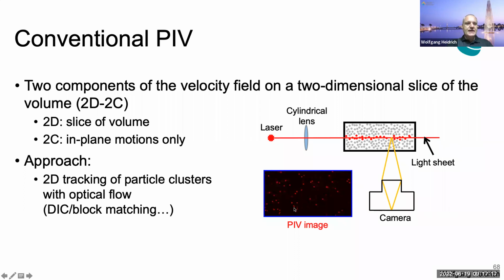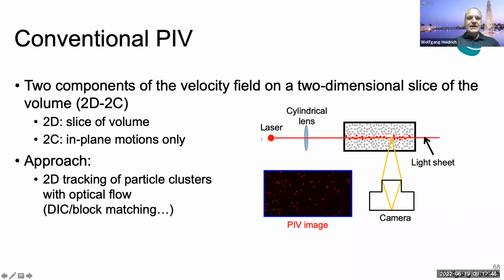So one problem that's happening in scientific imaging a lot is that people want to seed flows with particles, and then they want to image or understand the 3D flow by tracking these particles. And oftentimes this is done in 2D. So here's a conventional setup called particle imaging velocimetry.